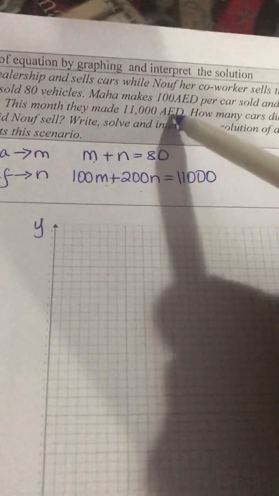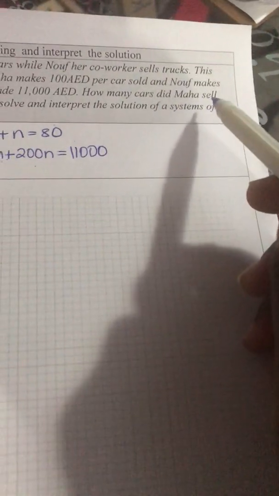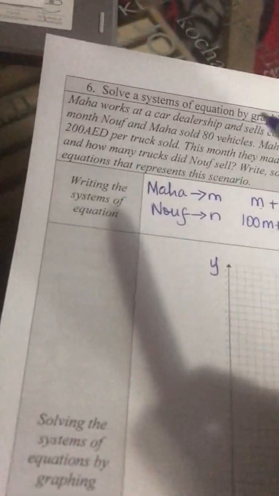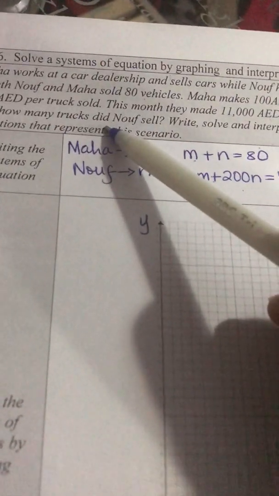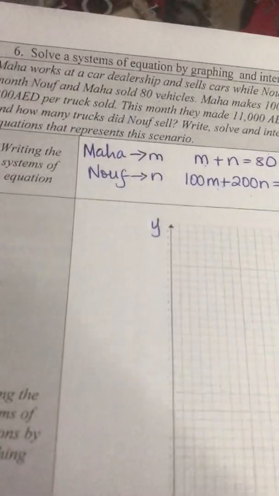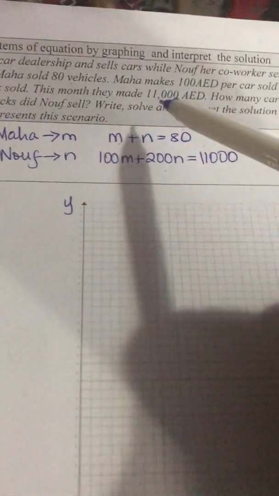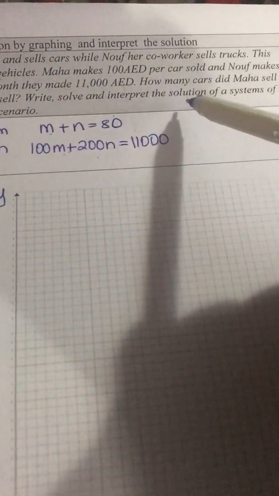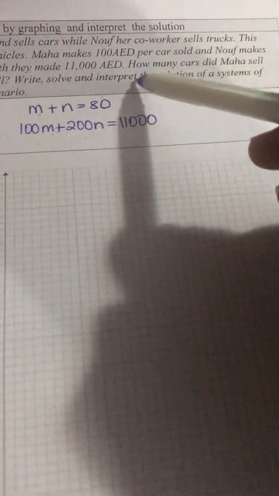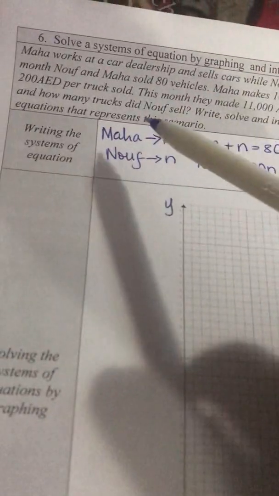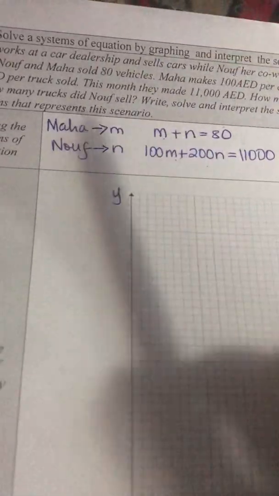They made 11,000 dirham. How many cars did Maha sell? And how many trucks did Noof sell? That's the question we need to answer. Write and solve and interpret. Write, solve, interpret the solution of a systems of equation that represents this scenario.